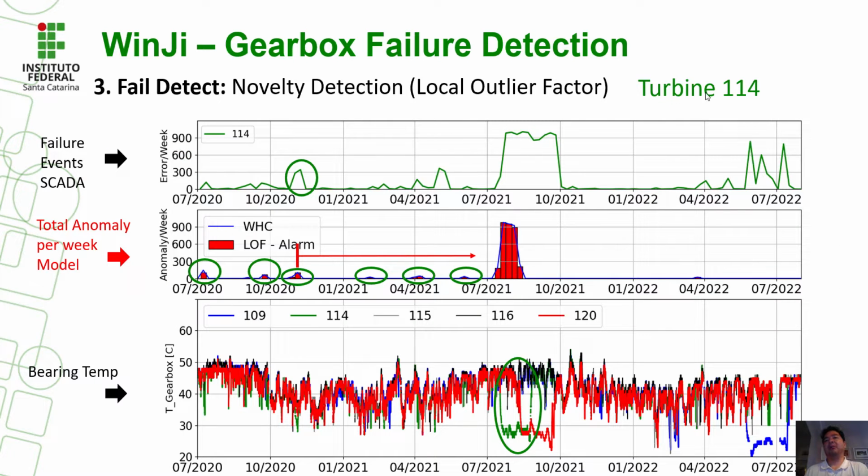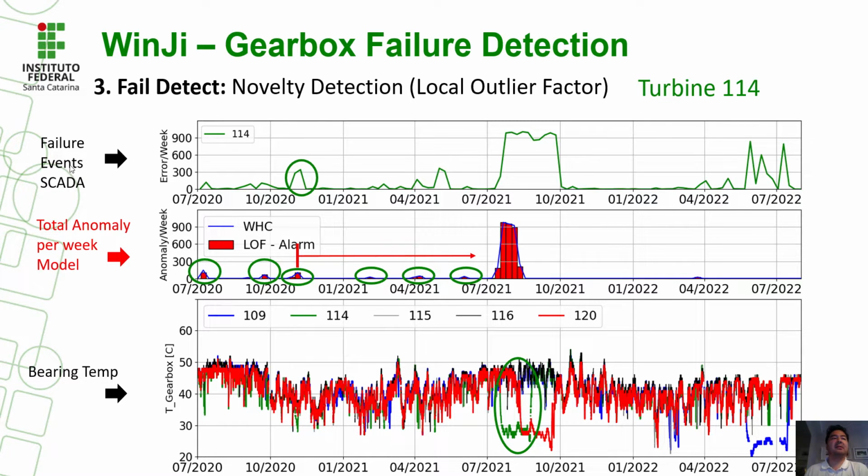For example, for turbine 114, you can see here the total anomaly per week; you don't see an accumulation of the problems from the other turbines, only for turbine 114. This is an example of the turbine failure event: you can see many events some weeks before the problem.